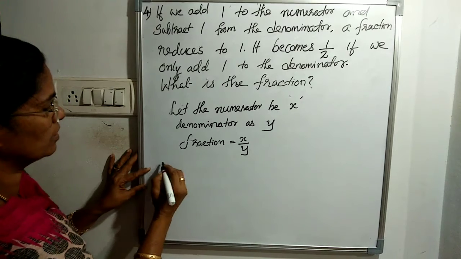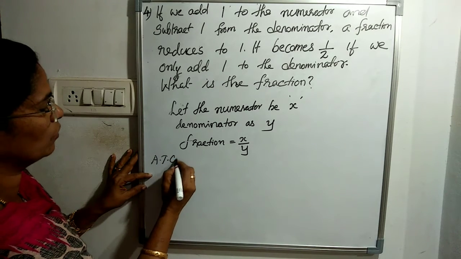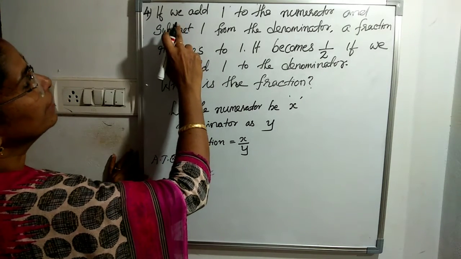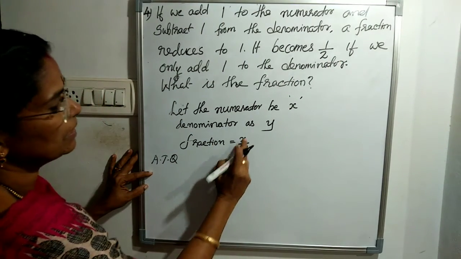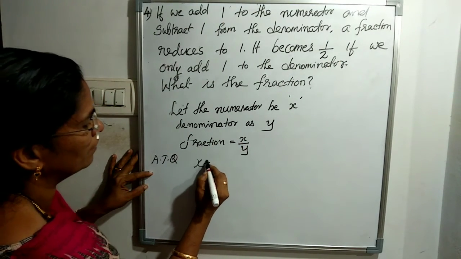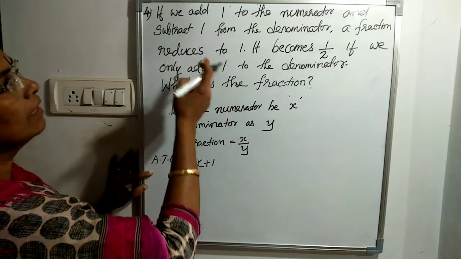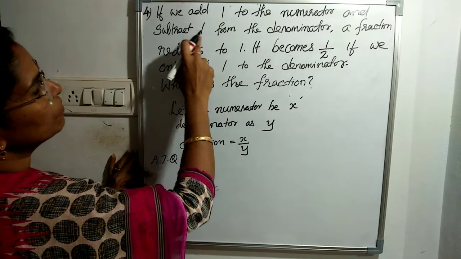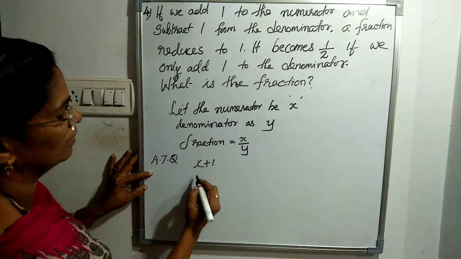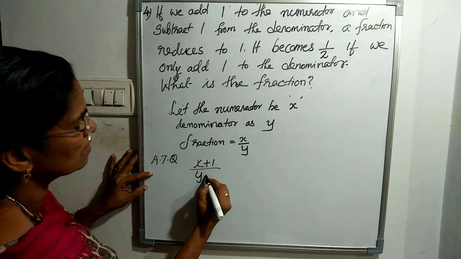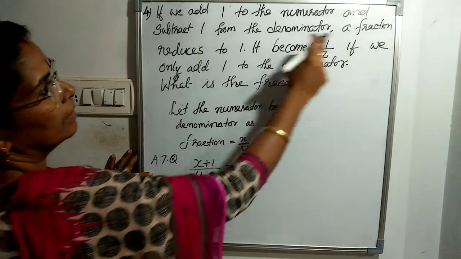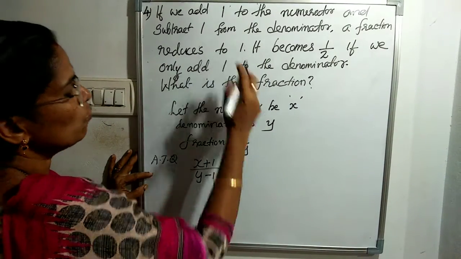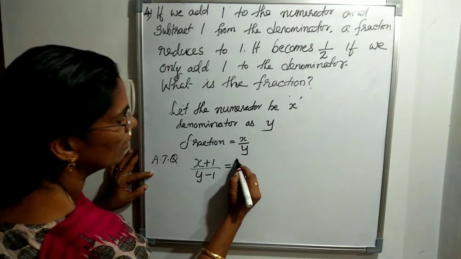Now according to the question, condition one: if we add 1 to the numerator, this means x plus 1, and subtract 1 from the denominator, it means y minus 1, a fraction reduces to 1. The answer is 1.